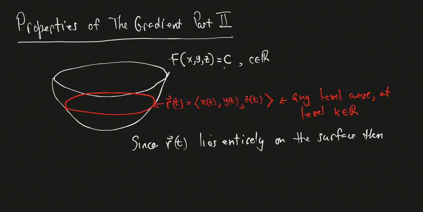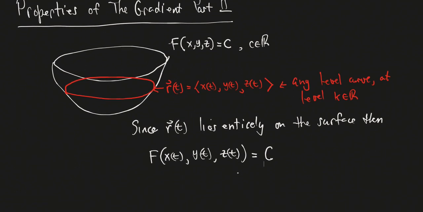In other words, I will always get c. So what's implied is this: f of x of t comma y of t comma z of t must be equal to c. All right.